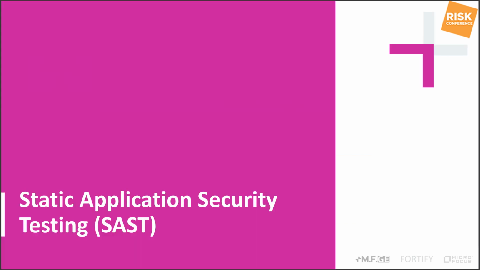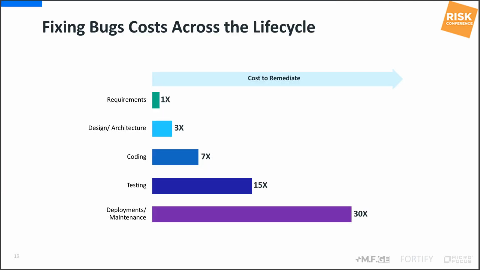So let's begin from the static application security testing, which is also called the white box, as I found out on the previous slides. And the main concern here is that finding out the bug and eliminating it costs a lot during the deployment or already production state, but it's much cheaper, not only in terms of the money, but also in terms of the resources of the developers, of the time to market and other stuff.